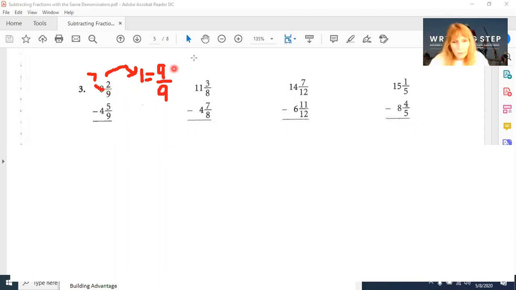So what I have to do then is I have to add the 2 ninths plus the 9 ninths. Okay? So 2 ninths plus 9 ninths is 11 ninths, right? So my new number then is 11 ninths.